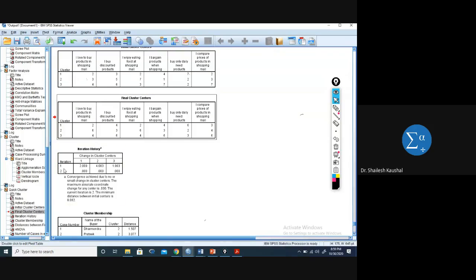On the basis of this score, the 9 people of cluster 1 are giving a low value for this question and a high value for that question. It means, I love to buy products in shopping mall has a very low value.